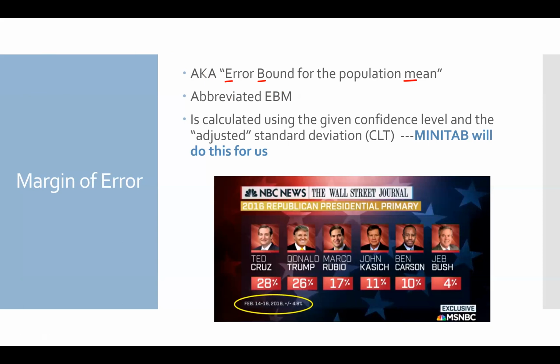So again, it's that idea of the margin of error. It is basically how much are we off? What is the allowance that you have? How much could you be off? That margin of error takes into consideration what we call the confidence level and then the adjusted standard deviation because we are applying the central limit theorem here. But Minitab is going to do all that for you behind the scenes.